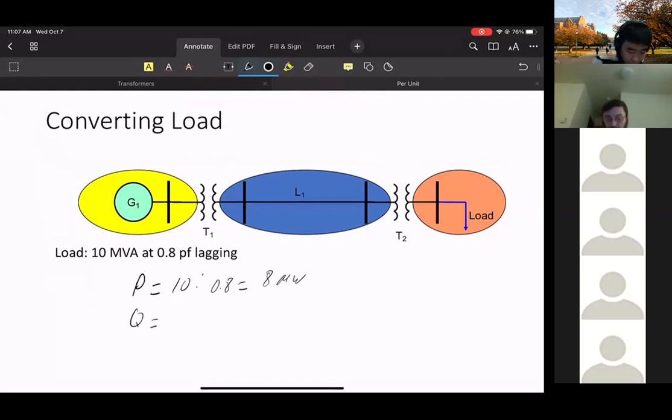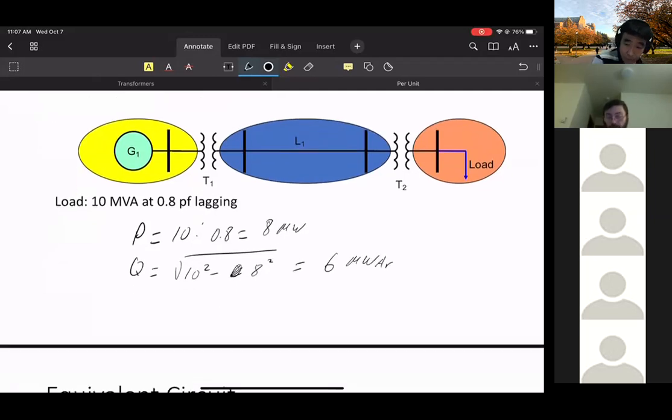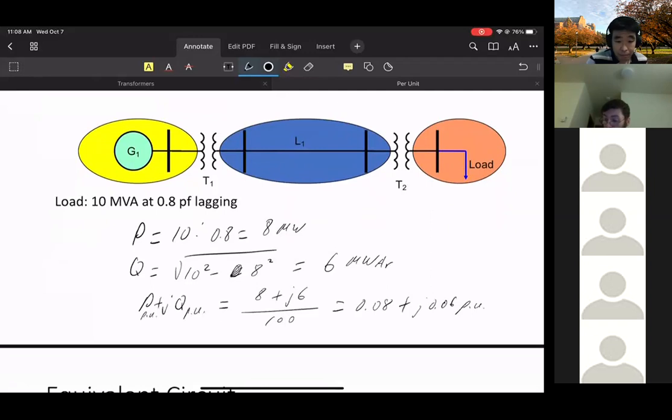Q is the square root of 10 squared minus 8 squared. This is 6 megavar. So if you do the per unit conversion, then we have P plus JQ per unit. This is 8 plus J6 divided by 100. So we have 0.08 plus J0.06 per unit. Okay, so these are the per unit terms.